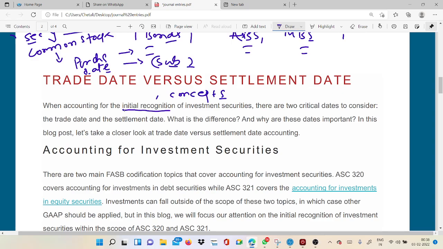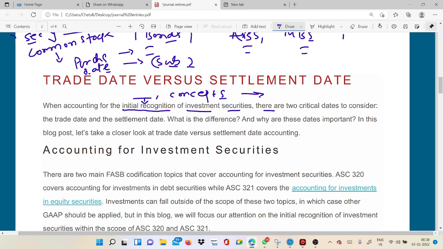There are concepts like business entity, recognition, matching, revenue, and many more. The same way, one of the concepts is initial recognition. This is important from an interview perspective as well. You may expect questions on under which accounting concept we prepare the accounting entries for a trade date and for a settlement date. So this one is very important.